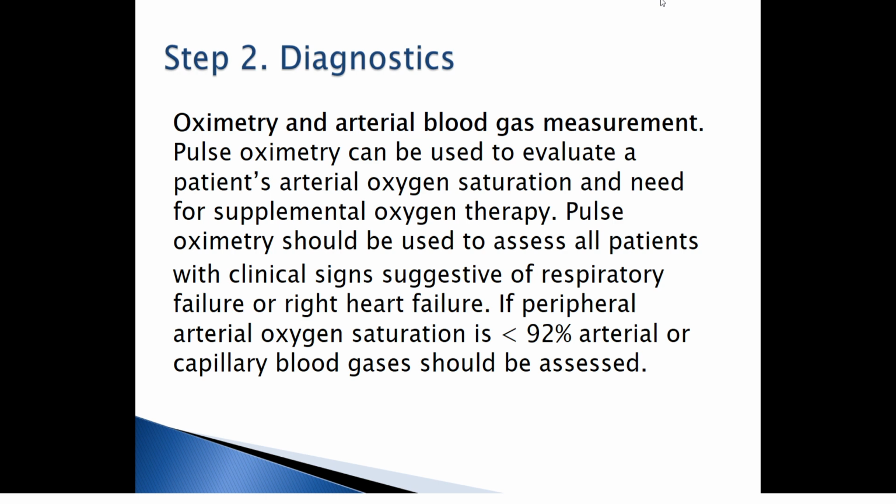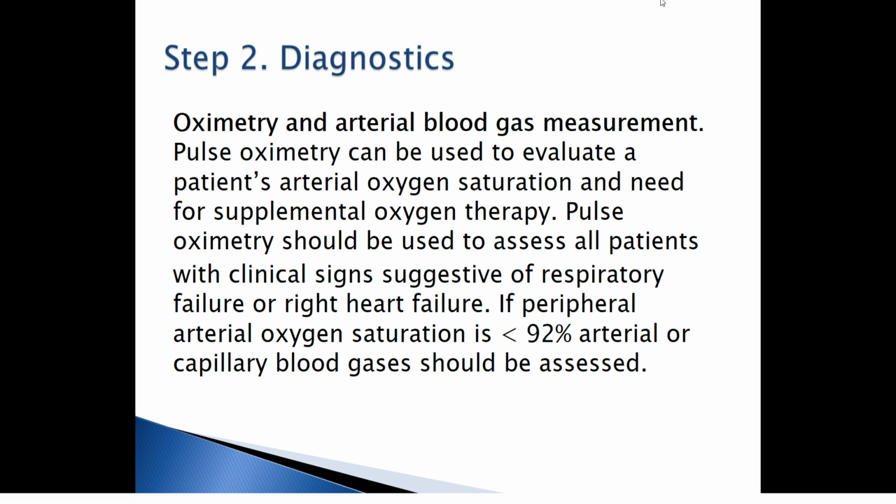Oximetry and arterial blood gas measurement. Pulse oximetry can be used to evaluate a patient's arterial oxygen saturation and need for supplemental oxygen therapy. Pulse oximetry should be used to assess all patients with clinical signs suggestive of respiratory failure or right heart failure.